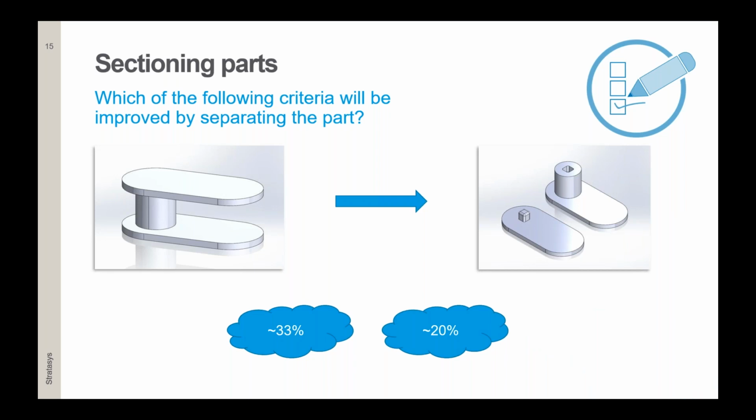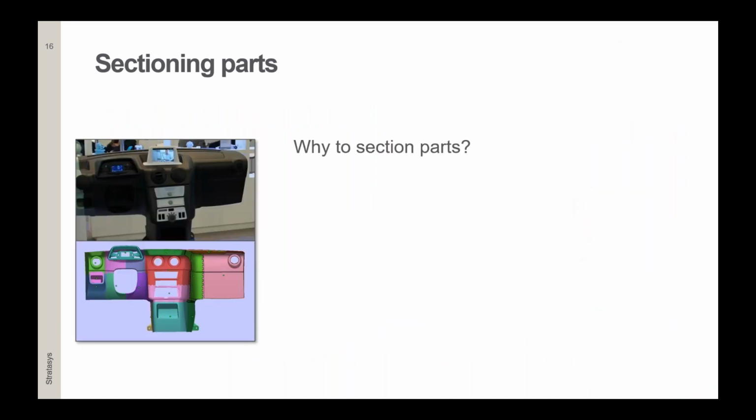All right. So let's ask a question: why section the parts at all? Firstly, of course, you may have a very big part which would require a big and expensive printer, and if you only have a certain build volume, you would like to section and separate them, and print in a smaller volume printer.